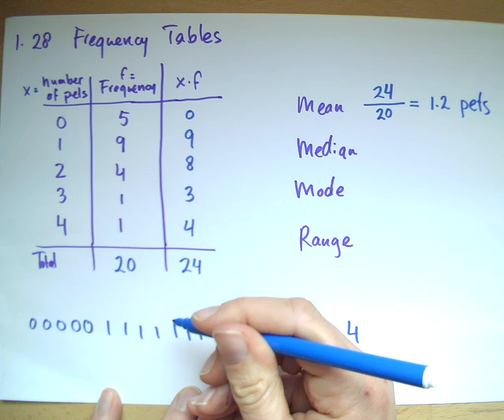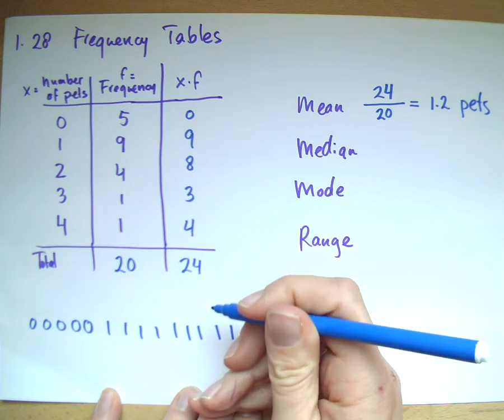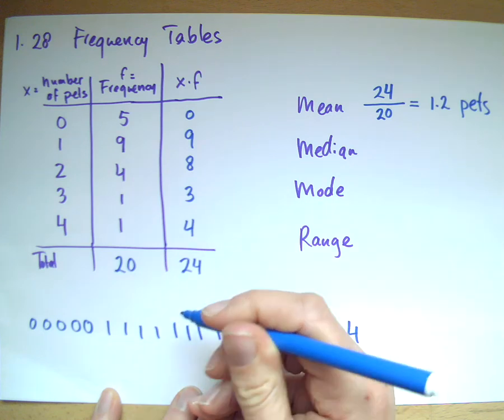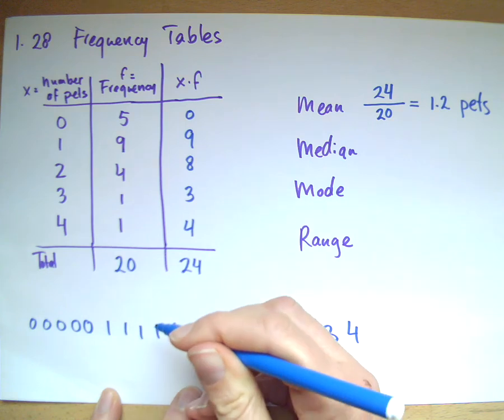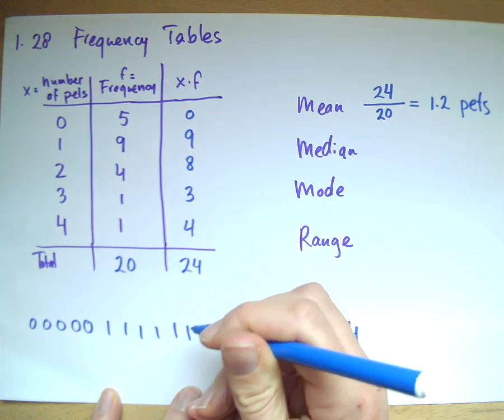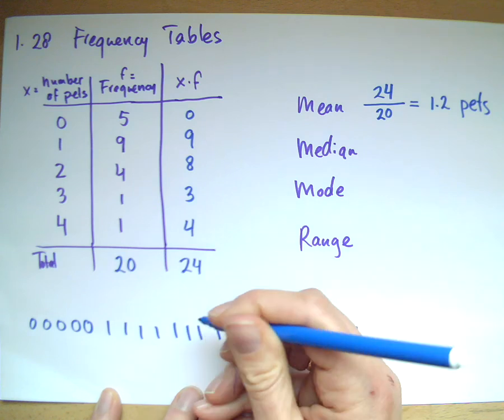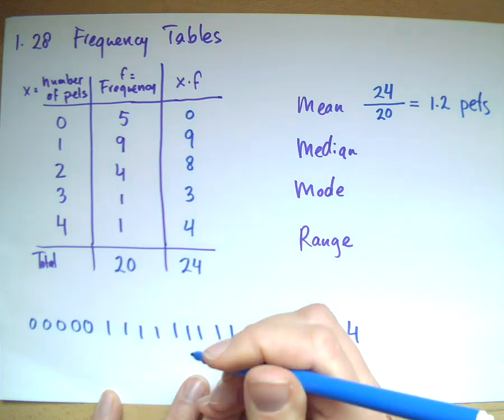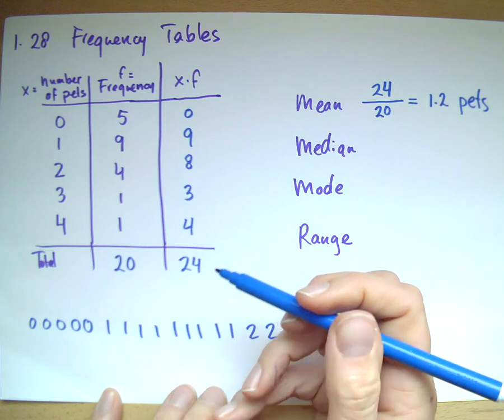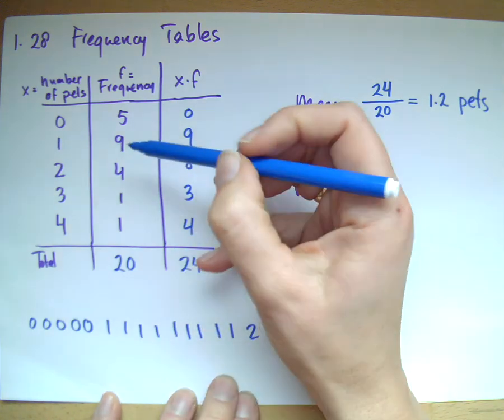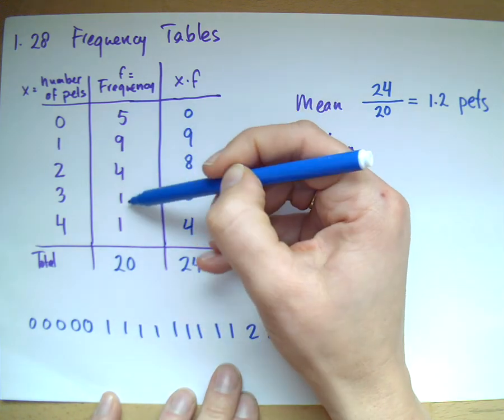But if you take 10, there's going to be 10 above it and 9 below it, so that's not fair. If we take 11, there's going to be 10 below it and 9 above it. So that's not fair either. So 10 and 11 are actually in the middle together.